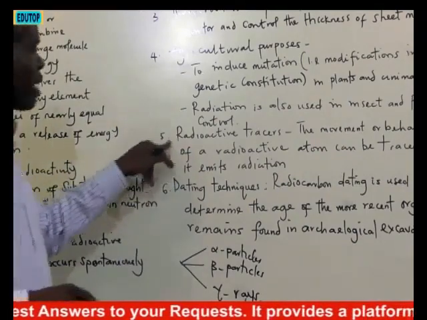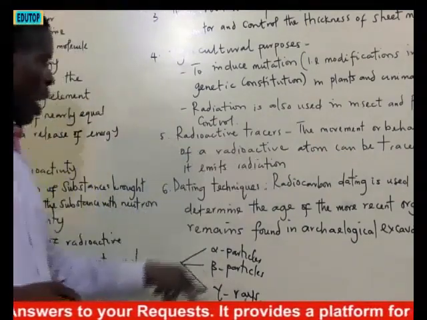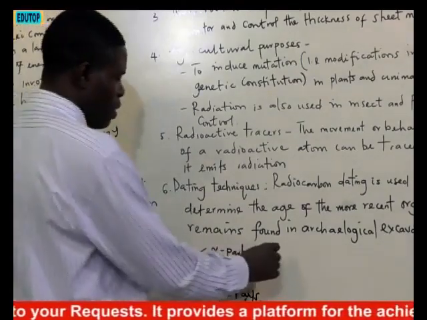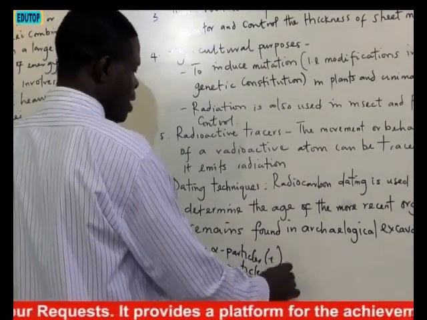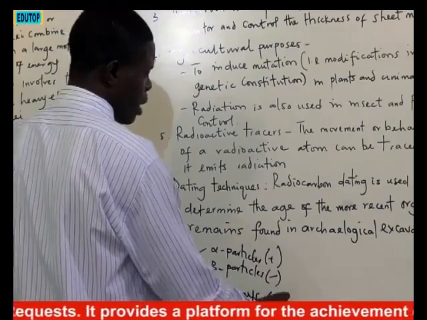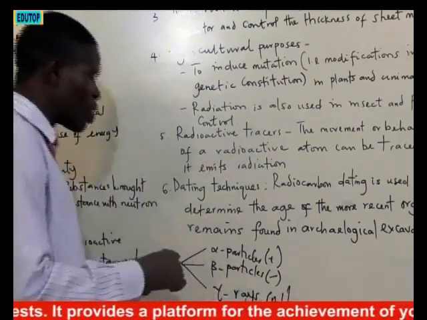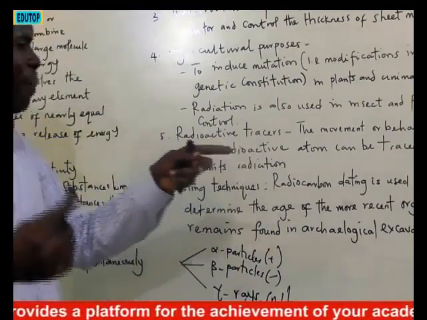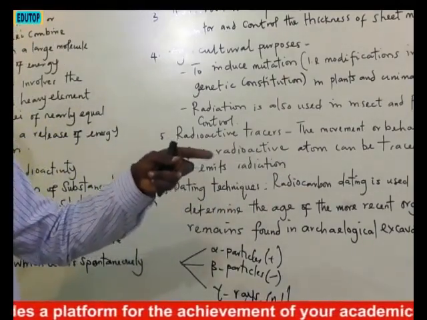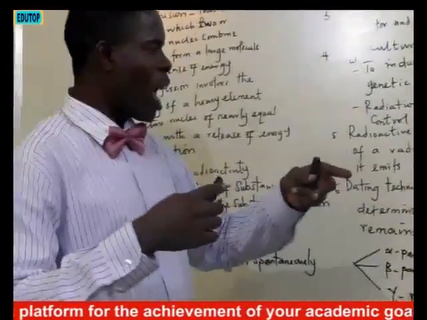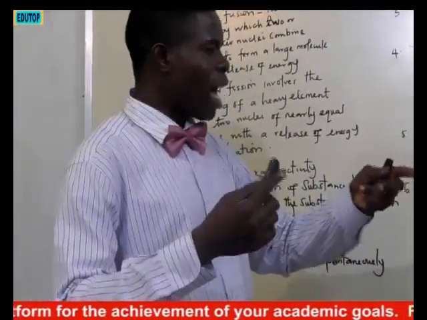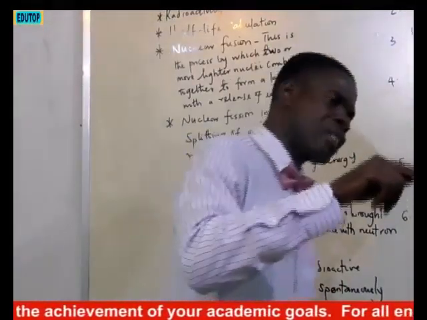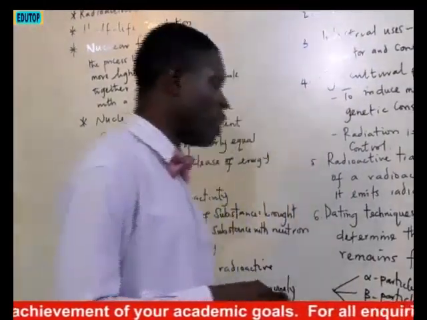Then I said radioactive tracer. So I quickly mention this because it will help us, because this one is positively charged, this one is negatively charged, and this one has no charge. So if you want to use radioactive tracer, if you are bringing a negatively charged species around that particular radioactive atom and you have attraction, automatically you know that it must definitely be a positively charged species.